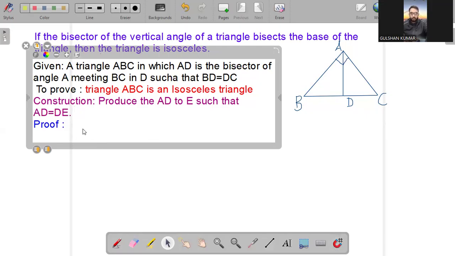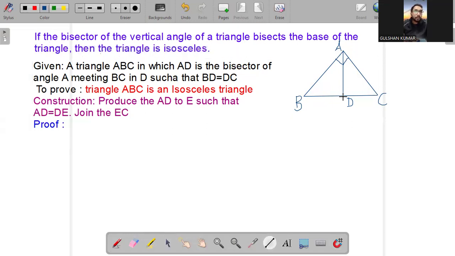Also join EC. Now we are extending this line to a certain point and matching it to the same length.